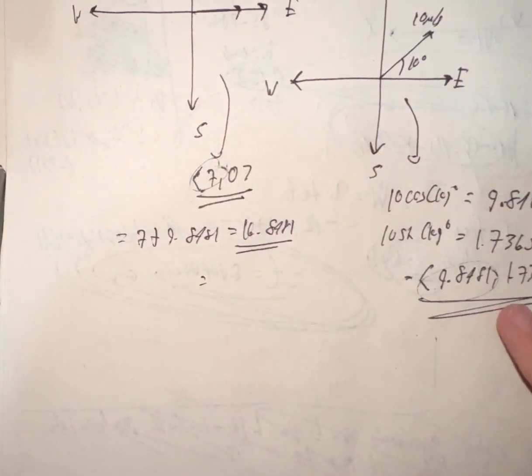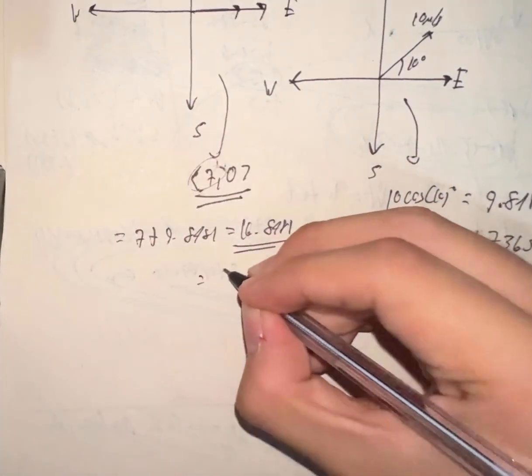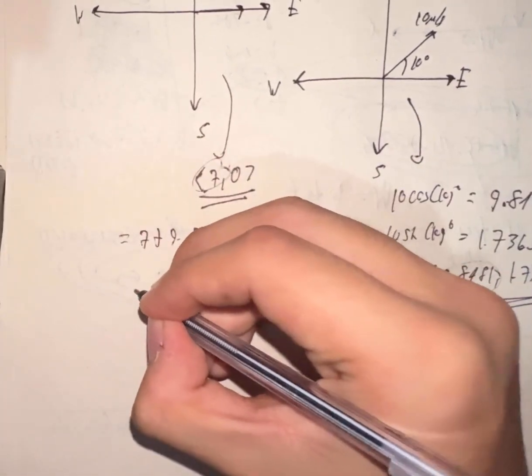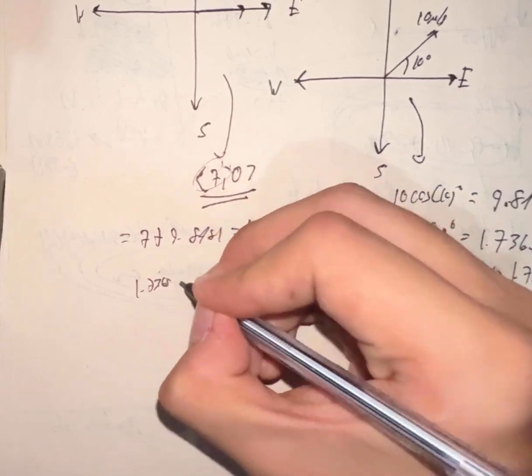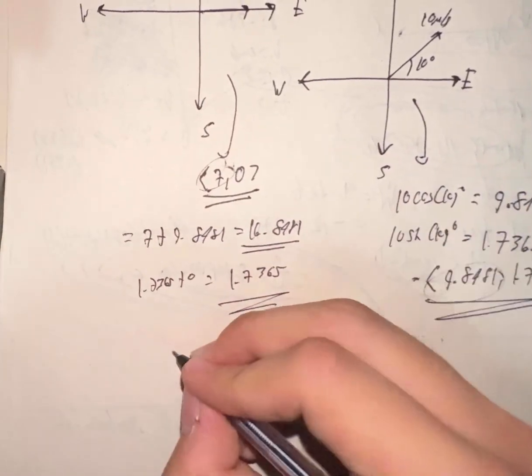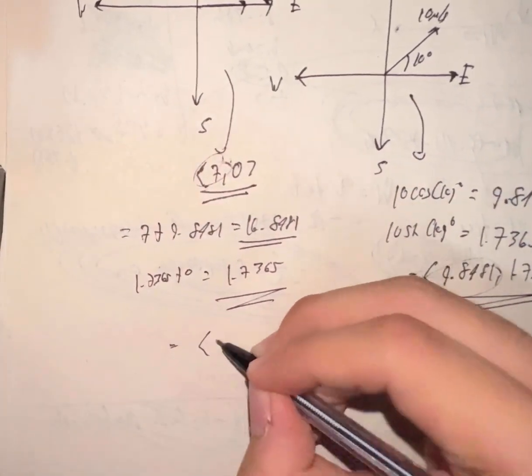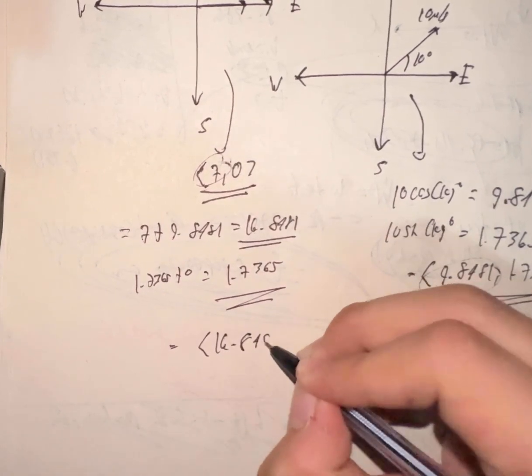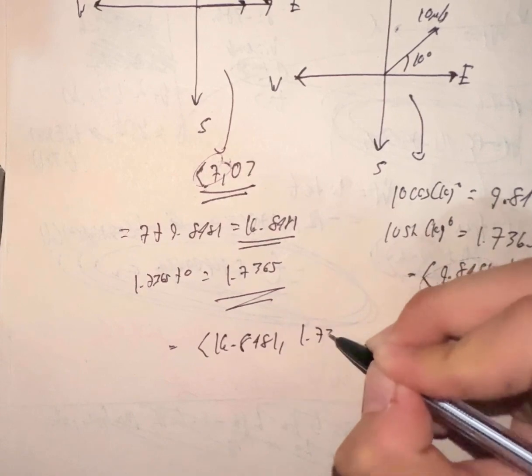Now adding the y components, this is 0, so just copy it. 1.7365. I'm just gonna write here so that it's organized. So now our final vector component form is 16.8481, 1.7365.